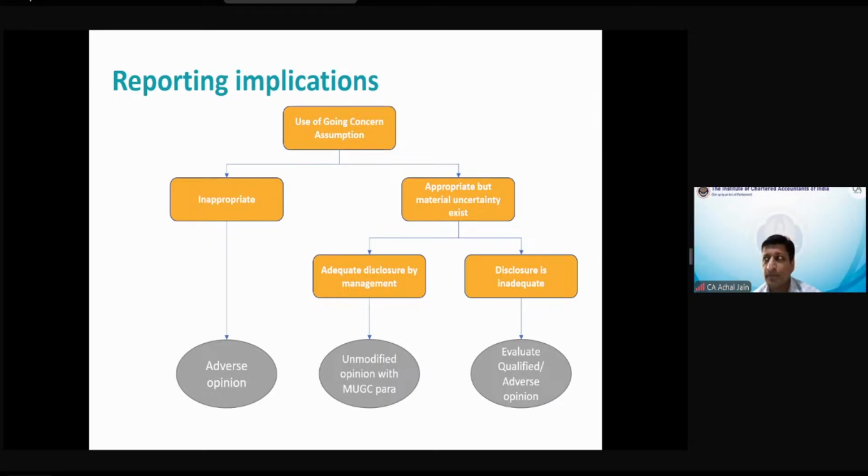Over to you quickly. If we say that going concern assumption is not appropriate, then how should the financial statements be prepared? Quickly, over to you. Tell me. I'm just asking about the accounting requirement.